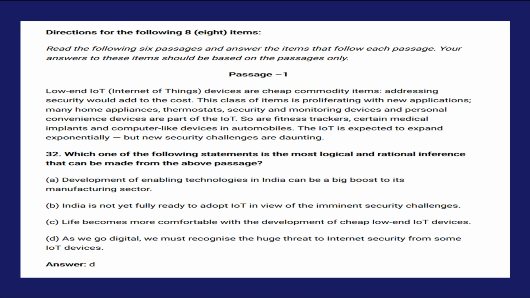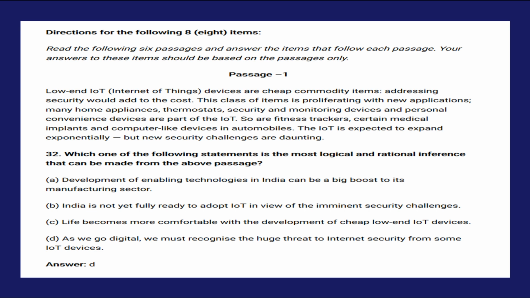Many home appliances, thermostats, security and monitoring devices, and personal convenience devices are part of the IoT. So are fitness trackers, certain medical implants, and computer-like devices in automobiles. The IoT is expected to expand exponentially, but new security challenges are daunting.